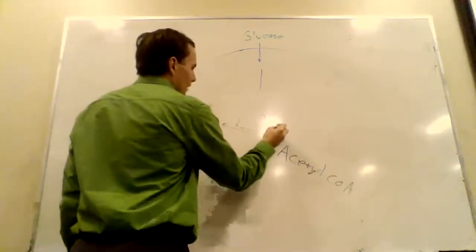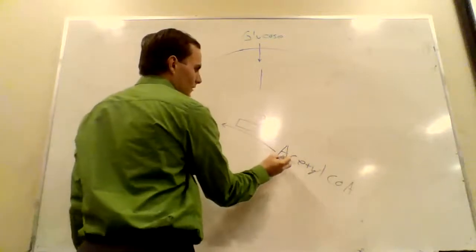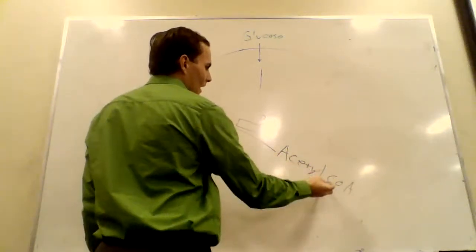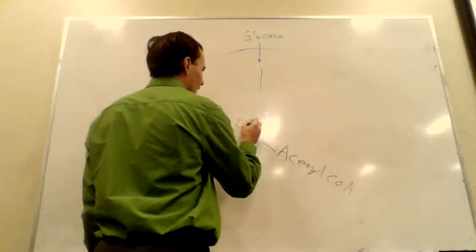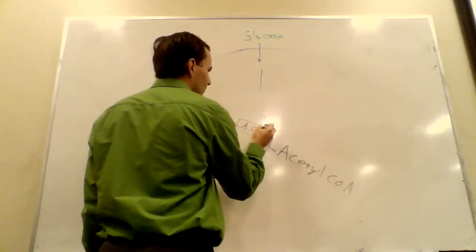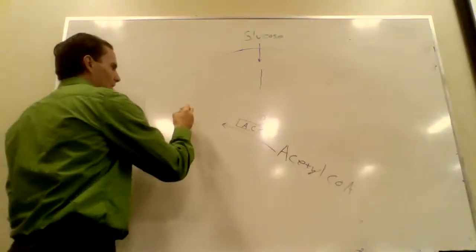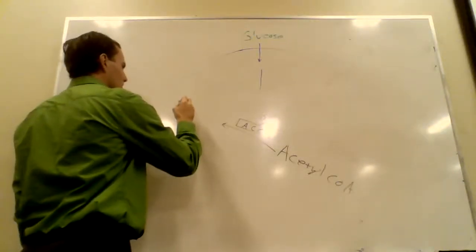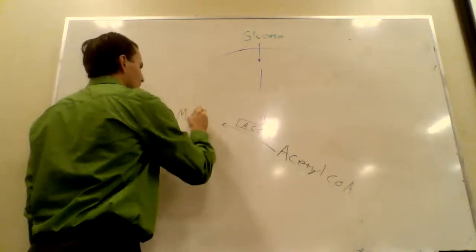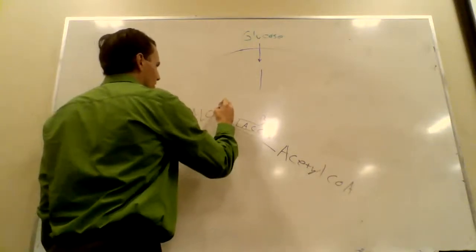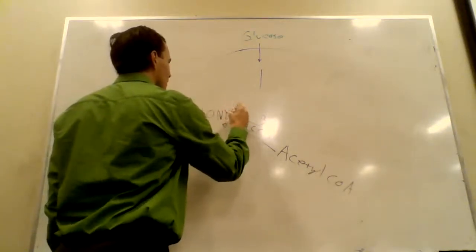And the enzyme is going to be acetyl-CoA carboxylase, or ACC. And that's going to make us a 3-carbon molecule called malonyl-CoA.